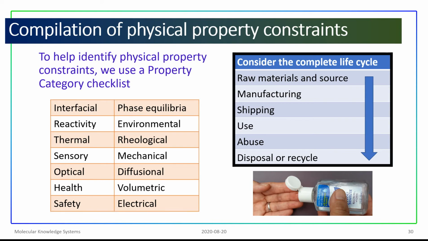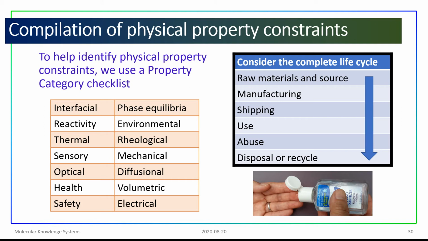And when we look through these physical property categories, we must consider more than just the use of the solvent. This is what we typically focus on. How good is the solvent at cleaning or dissolving something? But we must also consider the entire life cycle, the raw materials and the source of the solvent, the manufacturing processes involved. How are the solvents mixed? How are the solvents blended?